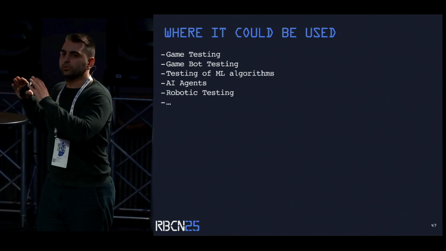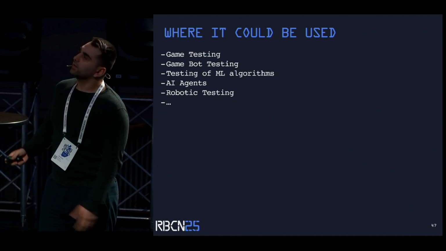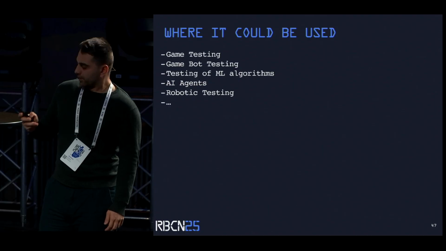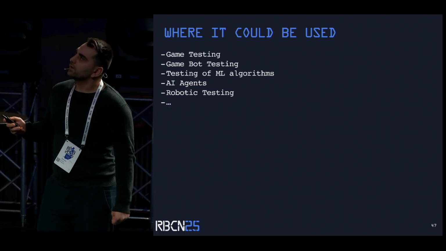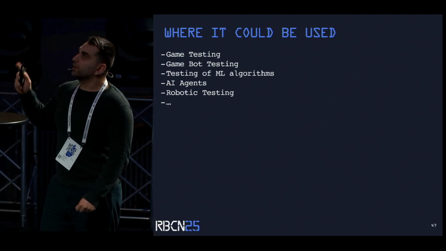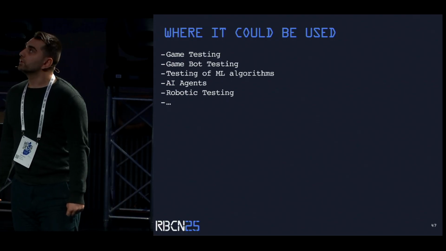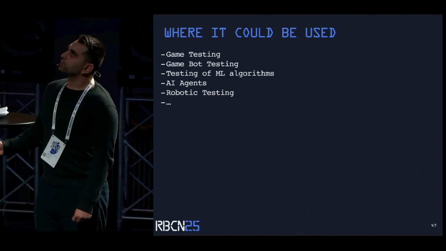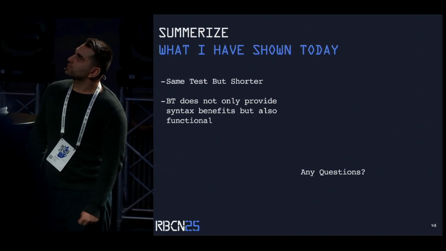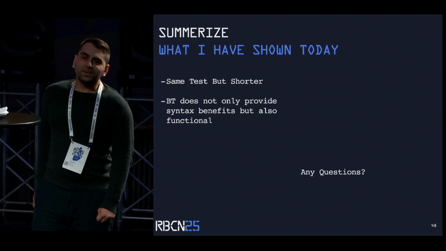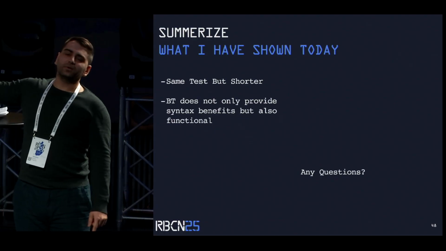In a visual form, it is more compact and more readable. And right now, the AI agents are really getting fancy, and this technology or approach could also be used to test those technologies. So thank you. Actually, what I have shown is just the same test but shorter.